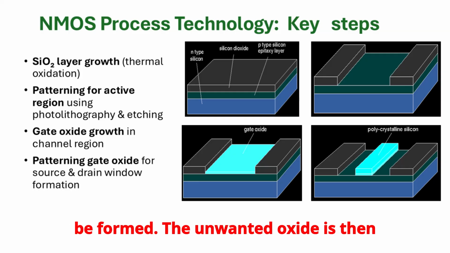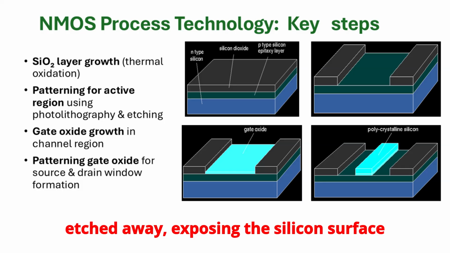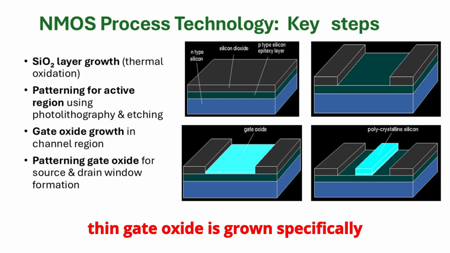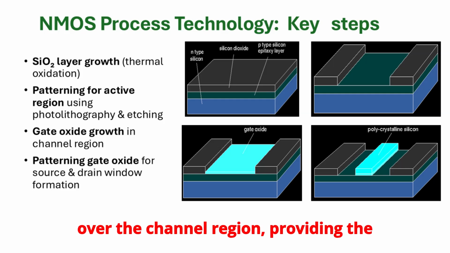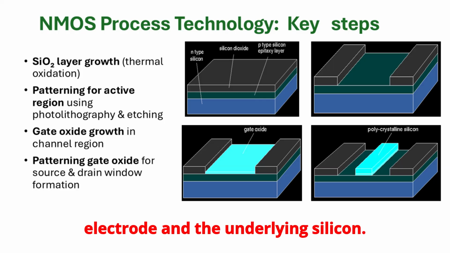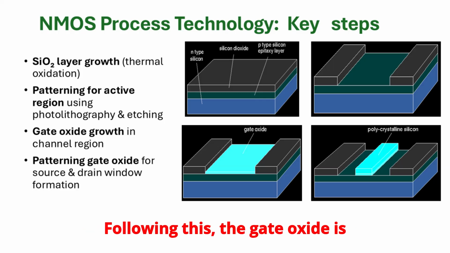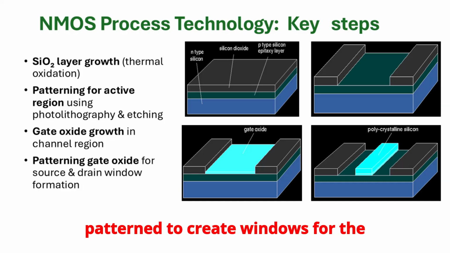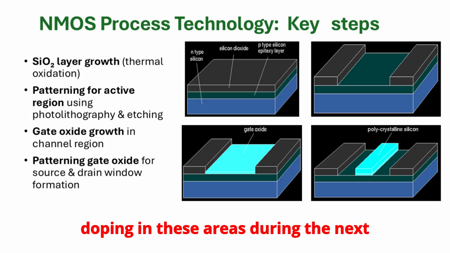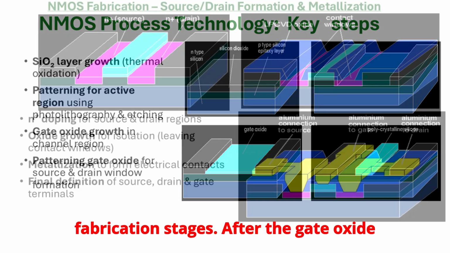The unwanted oxide is then etched away, exposing the silicon surface in those active areas. Next, a thin gate oxide is grown specifically over the channel region, providing the essential insulation between the gate electrode and the underlying silicon. Following this, the gate oxide is patterned to create windows for the source and drain regions, enabling precise doping in these areas during the next fabrication stages.